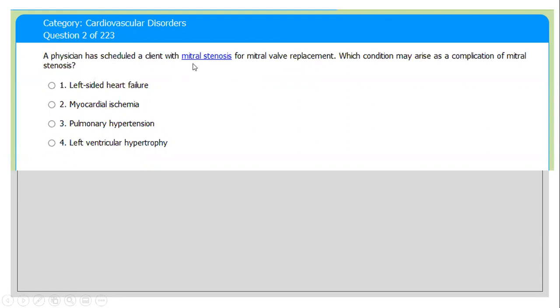So my patient has mitral stenosis and needs surgical mitral valve replacement because of it. What is mitral stenosis, or mitral valve stenosis?